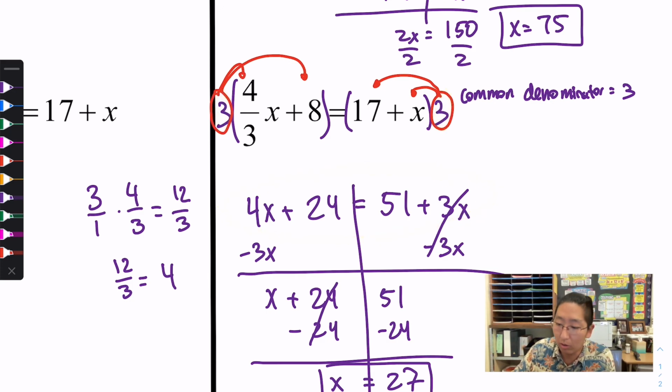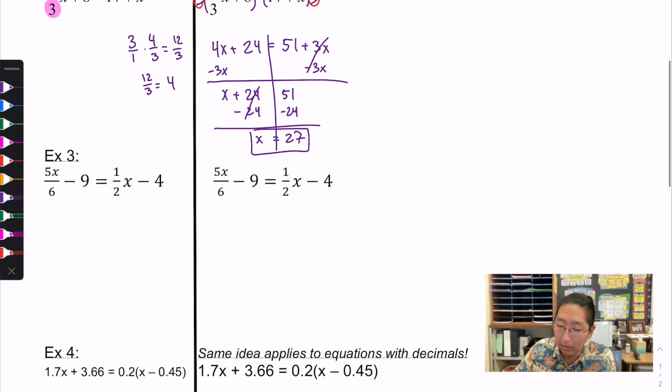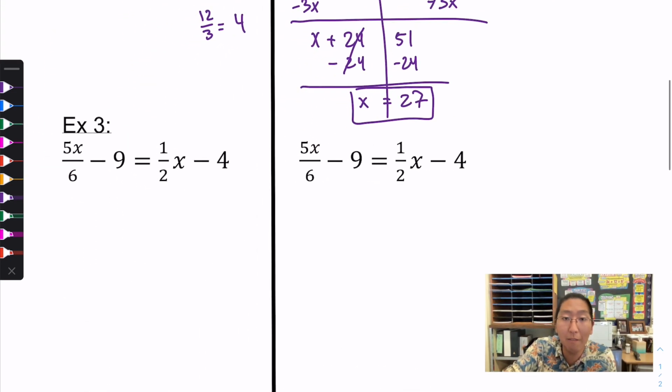Okay? So our next example is going to be the first example where we have 2 different fractions. So here we can see that there are 2 different fractions. I'm going to go ahead and highlight the denominators again. And so what number can I have at the bottom?